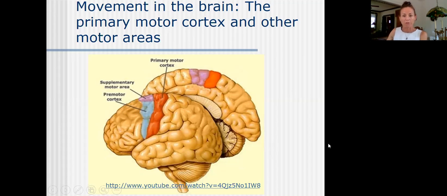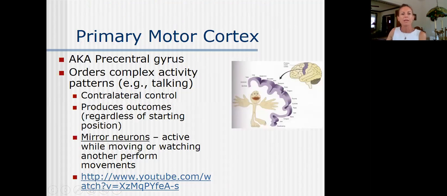We've talked about primary motor cortex before. That's in the frontal lobe, toward the back of the frontal lobe, also known as the precentral gyrus. It has this little homunculus, meaning that different parts of the body are represented on it. It has the function of ordering complex activity patterns, for example, like talking, or walking over to something, picking up something.